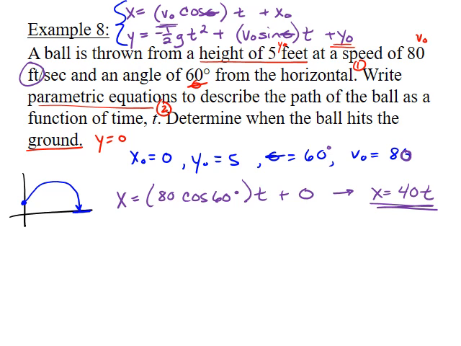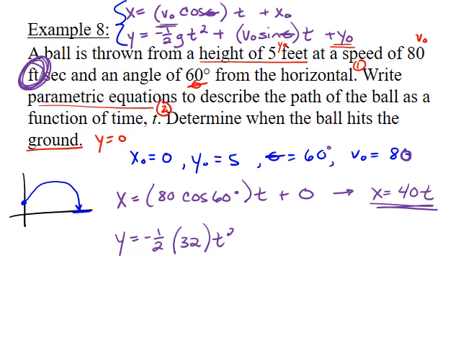I'm going to do the same thing to find y, just plug in everything I know. So I have -1/2. I already said that we're going to use 32 for g, and that's because we are dealing with feet. So if you look at the previous slide, if we're dealing with feet, then we're going to plug in 32.